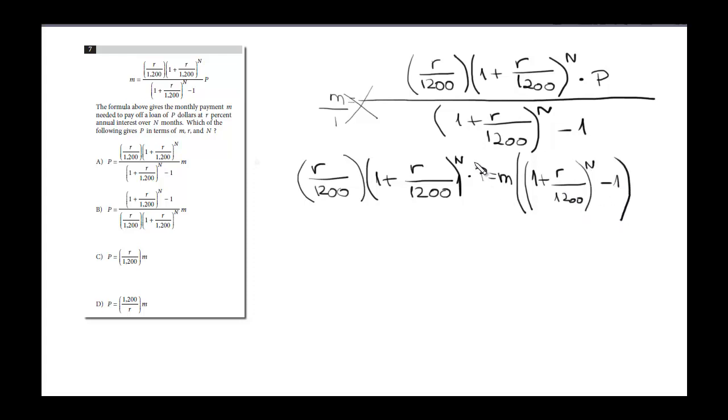And if we have to make p subject of formula, we have to divide both sides by the product between r over 1200 and 1 plus r over 1200 power n. In other words, by looking at the answer, we look which option has this factor at the denominator. And the correct option is option B. So the answer is B.